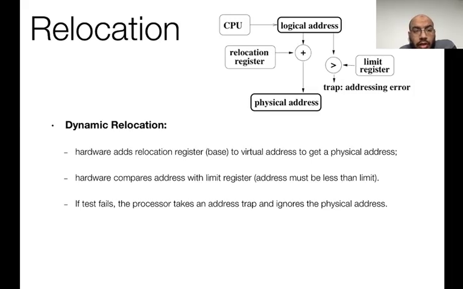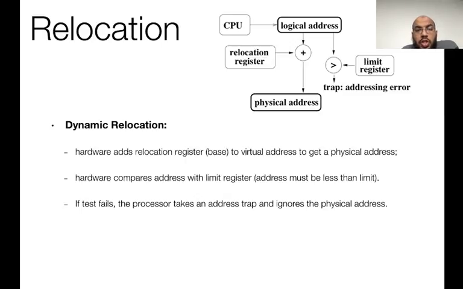This is called dynamic. And then when you start running the process, the hardware adds the relocation register, which is base, to the virtual address to get a physical address. Okay, so you have the CPU issuing a fetch from a logical address.